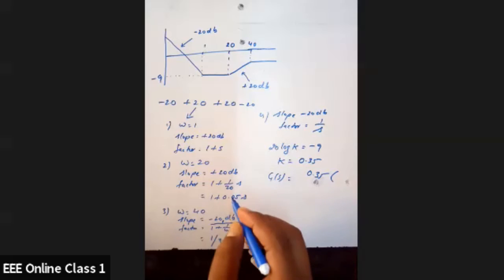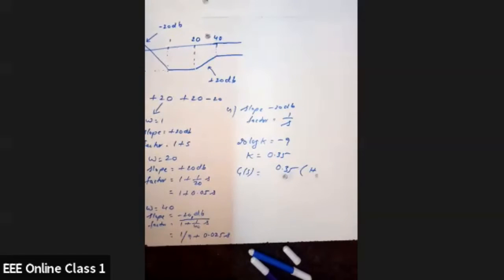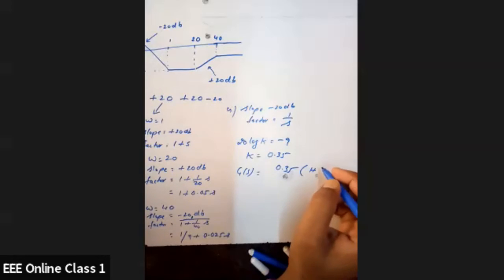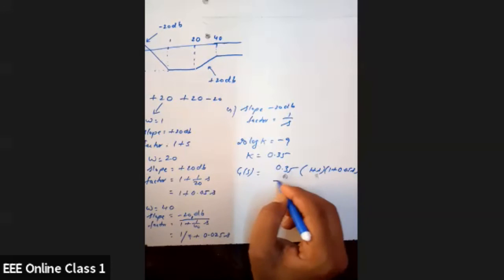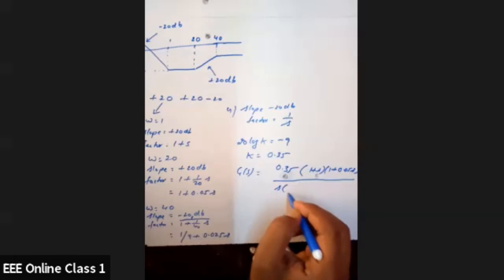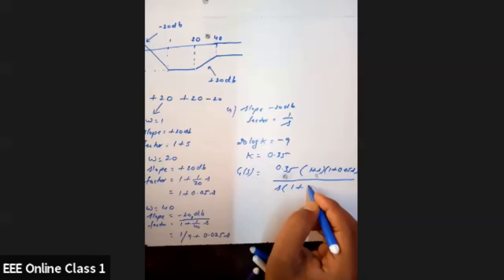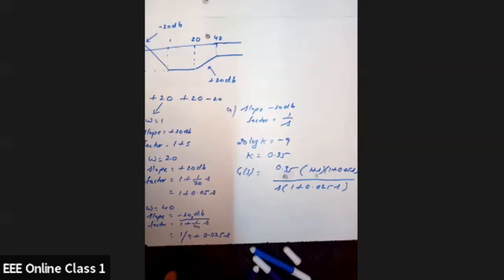We have two factors, 1 plus s, 1 plus 0.05 s, divided by s, 1 plus 0.025 s. So this is the transfer function for the given Bode plot.